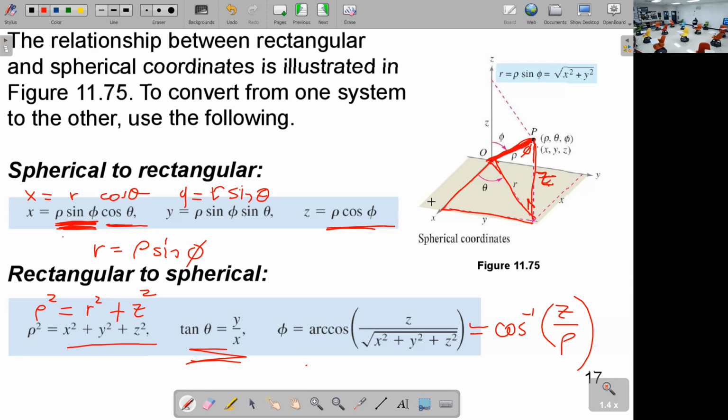And rho is the square root of x squared plus y squared plus z squared.